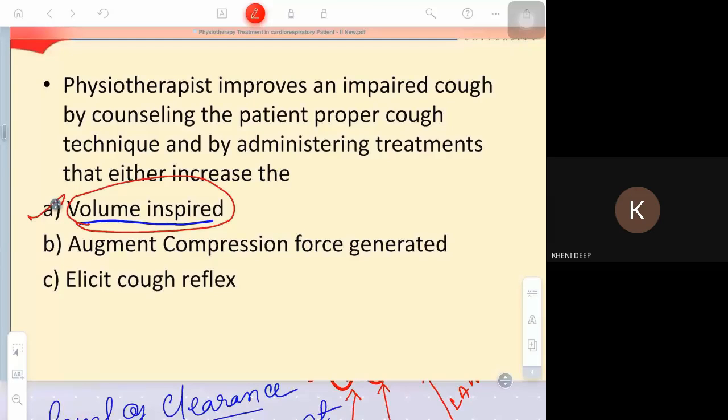You should know where the secretion is, whether it is in the upper airway, middle airway or lower airway. Accordingly, you will teach the patient. Clear? So you will teach according to the level of clearance, and instruct the patient how much volume of air he should inspire.